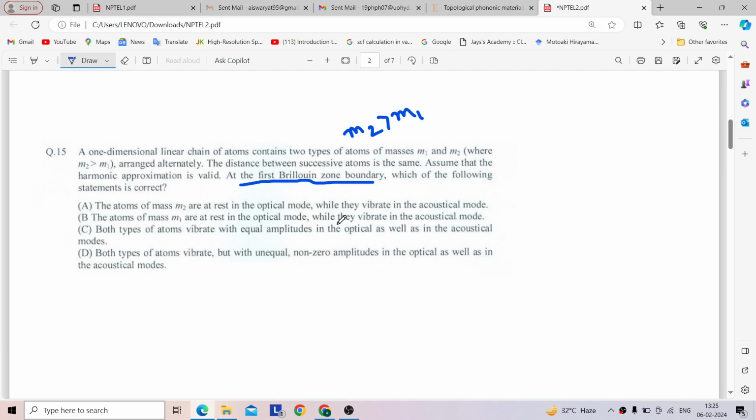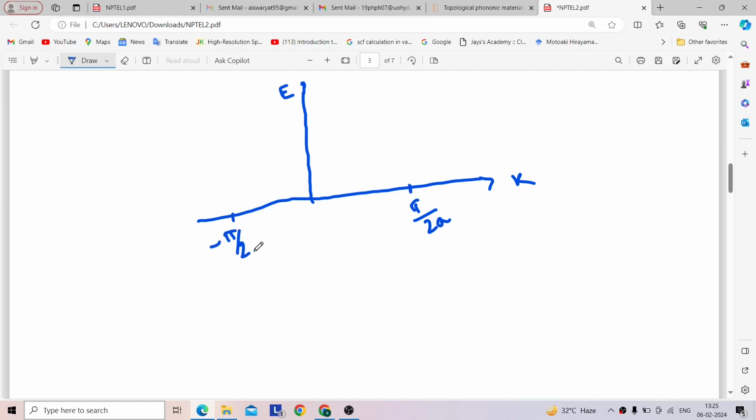So for that case, what we will do, we will first draw a picture. So you can see here, this is k values. Actually, this is nothing but the omega-k diagram, right? So for that case, what we will see, when this type of one-dimensional atomic case will be there. So let's say this is our first Brillouin zone, that means pi by 2a, and it is minus pi by 2a. So what will be the nature of the plot?